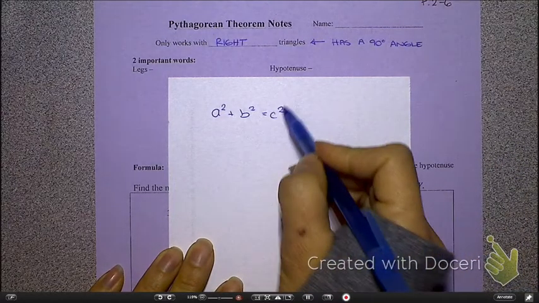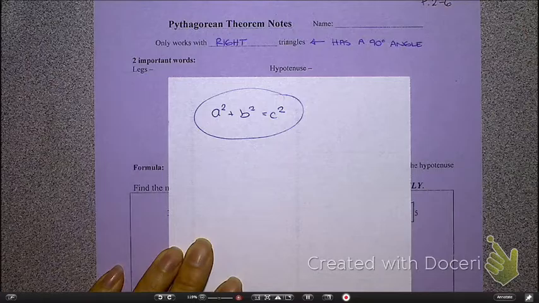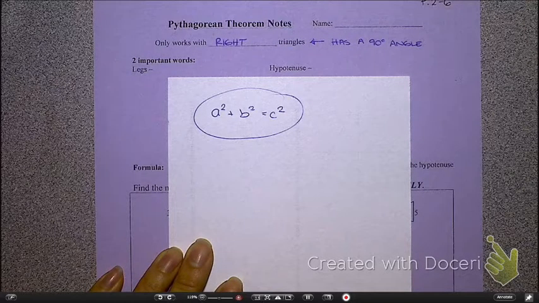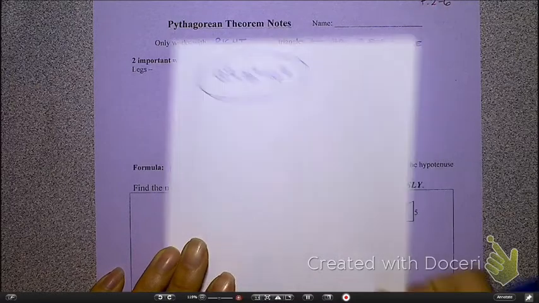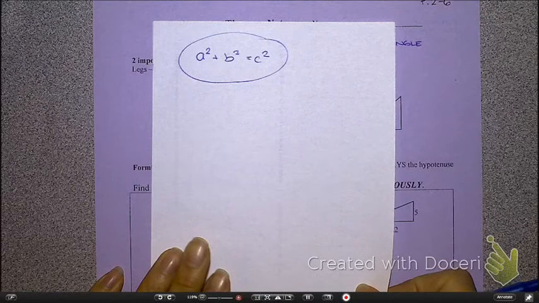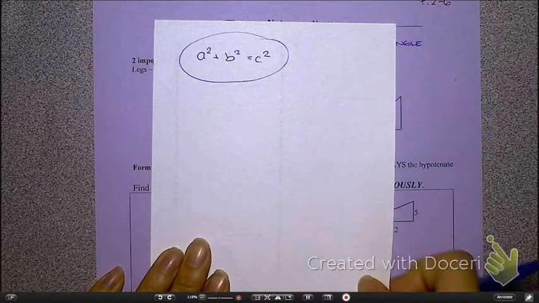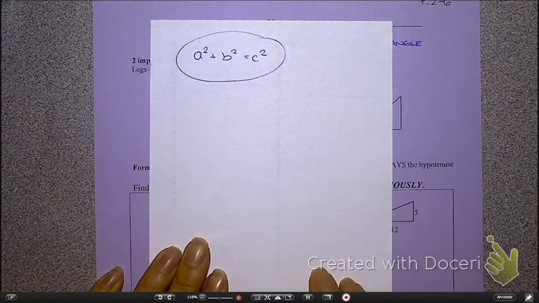this formula, this a squared plus b squared equals c squared, it doesn't just come poof, the formula exists. I mean, it comes from the properties of a right triangle, okay? So I don't want you guys to write this down or draw it when I'm writing on the white paper. I just want you to watch, okay?